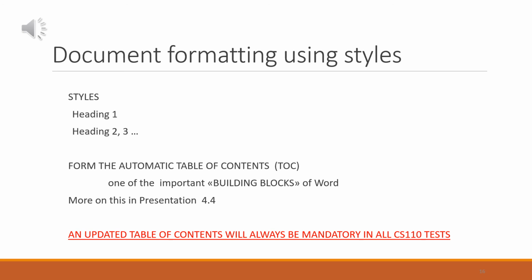This is the end of section 4.3. Next set of slides will teach you how to create automatically a table of contents, which is created only if you have applied the styles, because you will discover that heading 1, heading 2, and 3 automatically will form something called the table of contents, one of the most important building blocks of Word, and presentation 4.4 will explain and show you how in detail.